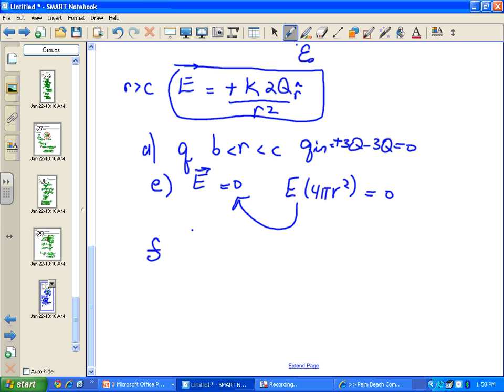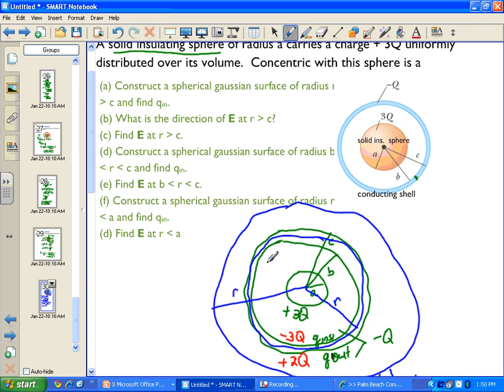Okay, F. In part F, we're asked to construct a Gaussian surface and find Q at r less than a. At r less than a, we've got smaller quantities of charge than plus 3q. We are within the insulating sphere.